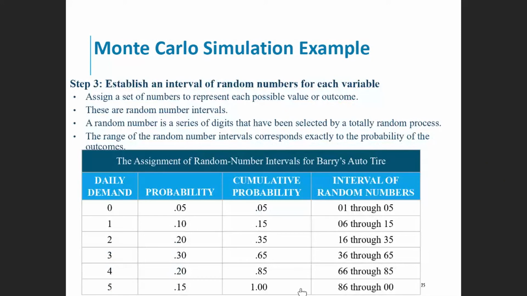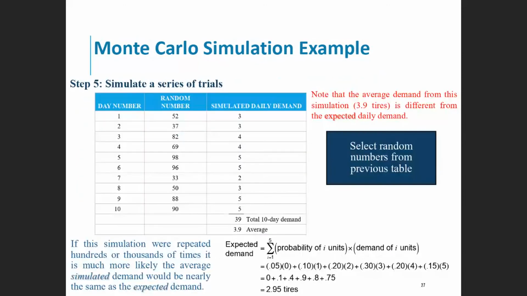The number was 52. So 52 falls between these two intervals, between the 36 and the 65. So what was the demand? The demand was 3. So the simulated demand for 52 will be 3.